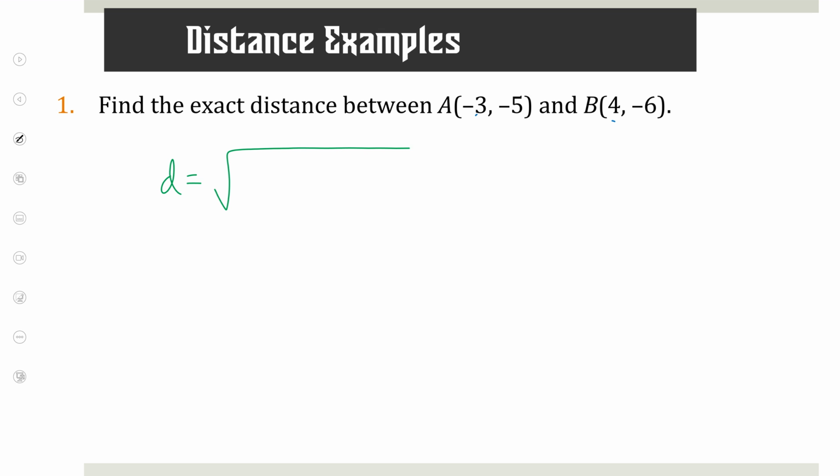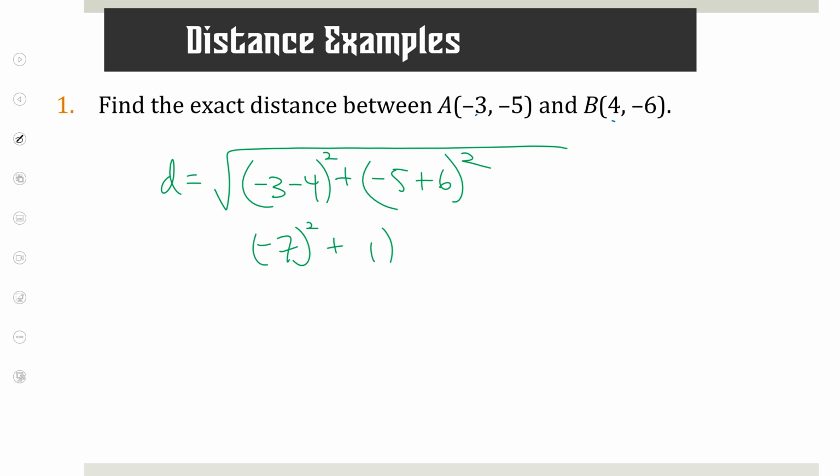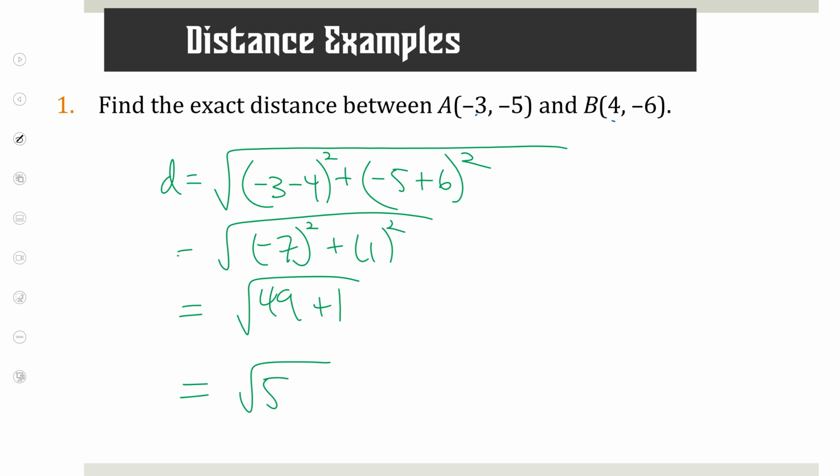D is equal to the square root of -3 minus 4 quantity squared plus -5 minus -6 quantity squared. -7 squared plus 1 squared, square root of the whole thing. 49 plus 1, square root of the whole thing, square root of 50.